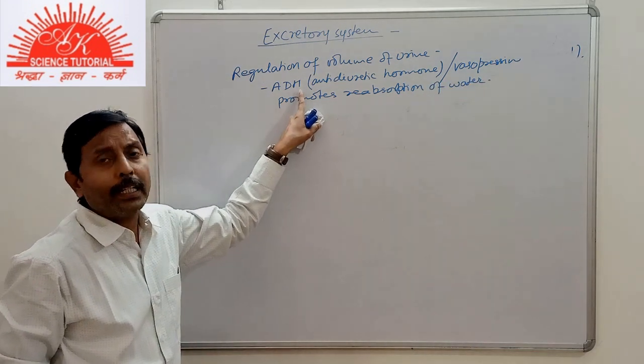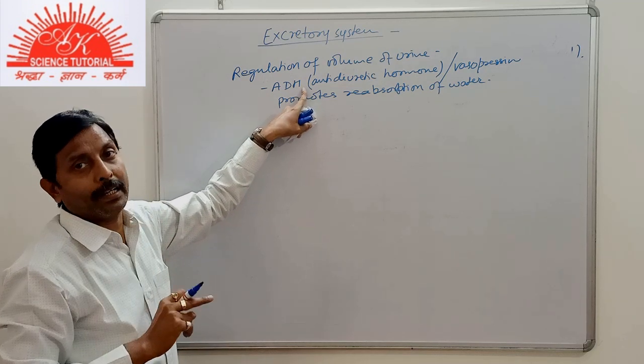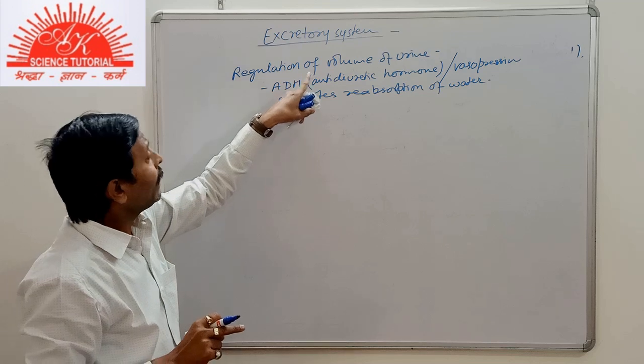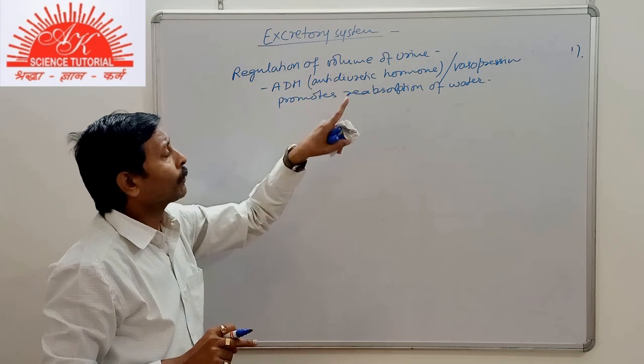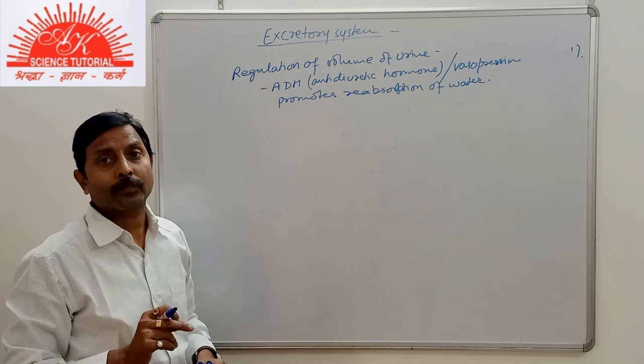ADH hormone is secreted by posterior lobe of pituitary gland, and in kidney it promotes reabsorption of water, hence it regulates the volume of urine.